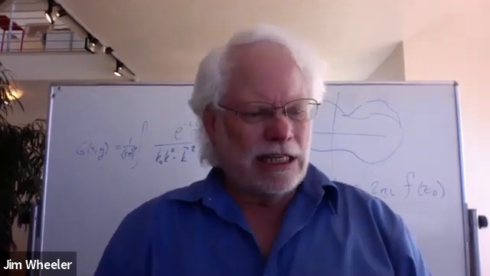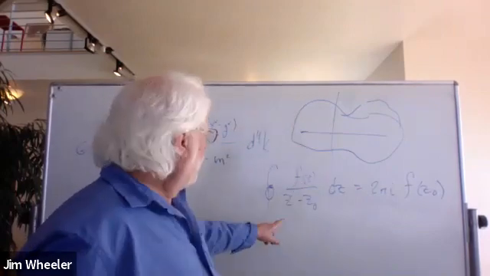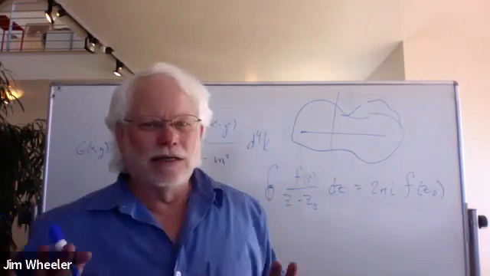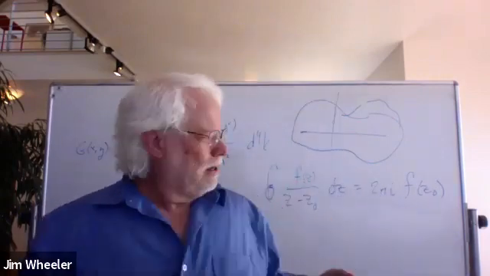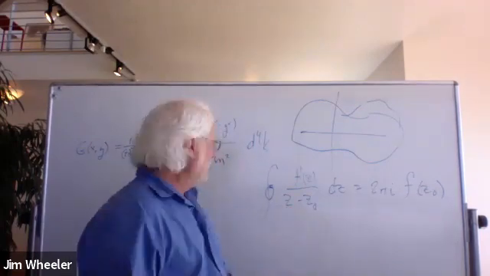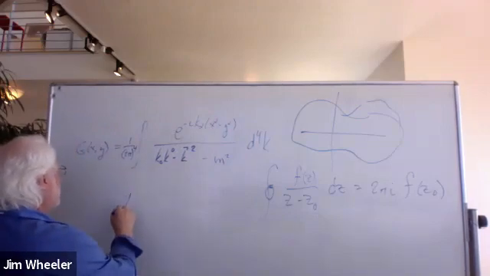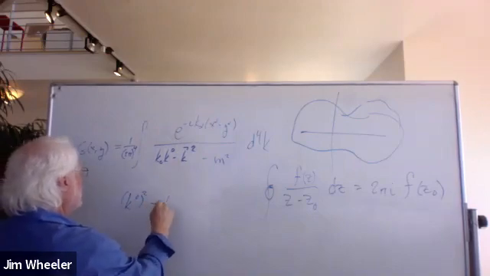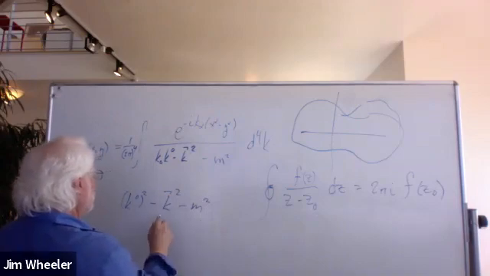So the thing we need to do is write this thing as a sum over simple poles. This is z minus z naught squared. No, you need simple poles. The first power of this goes to 0. But we can turn this into that by writing basically k naught squared minus k squared minus m squared.